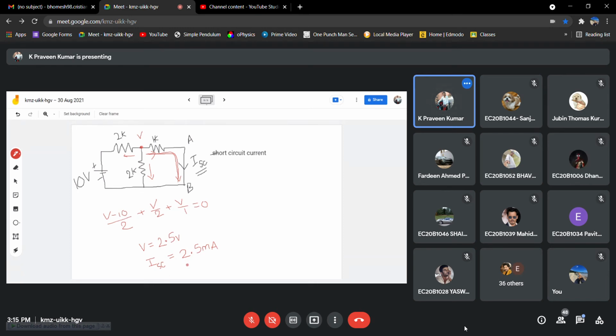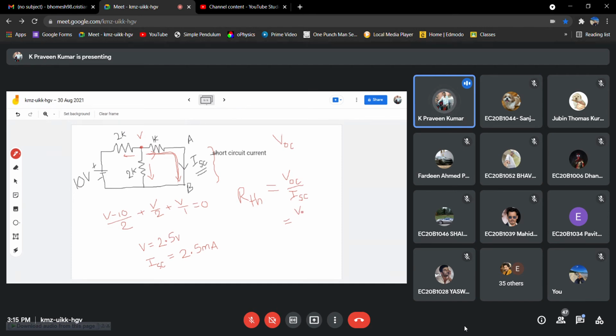Right. So now how to calculate RTH? That's very simple. RTH is equal to open circuit voltage by short circuit current. Right. So what is open circuit voltage? How much we got? VOC at terminals AB. We have calculated open circuit voltage.